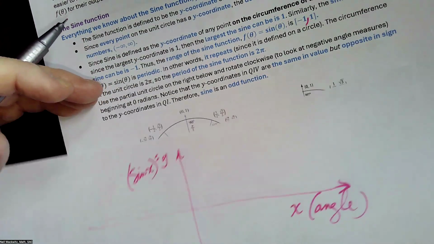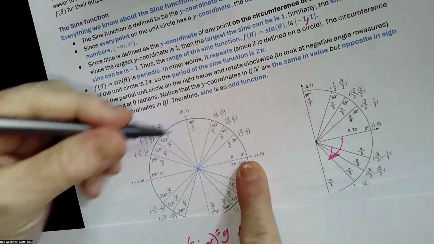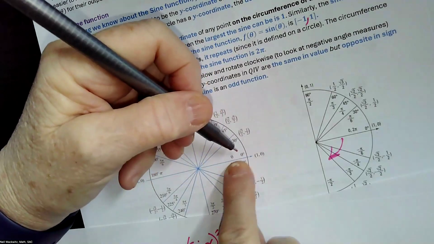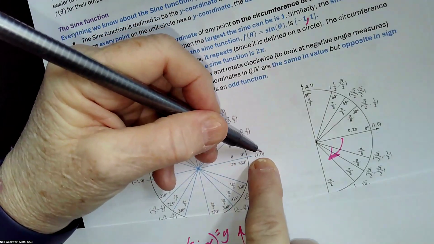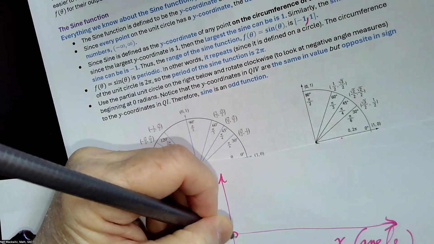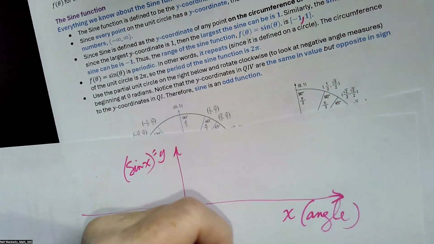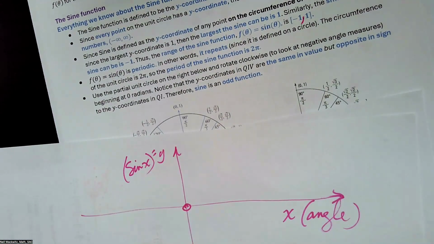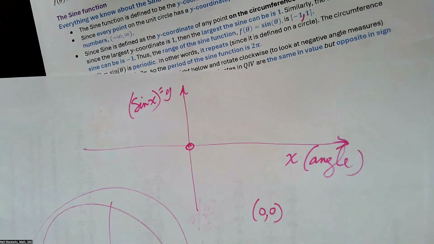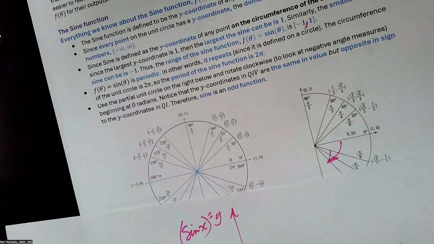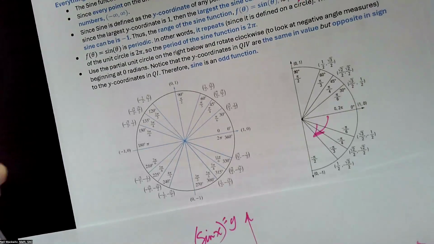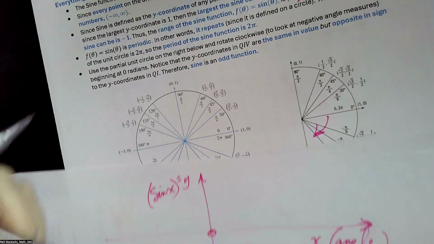Okay. So when the angle is 0, the sine is 0. So sine starts at 0, 0. Let's just look at nice values, and you'll see what I mean by nice.